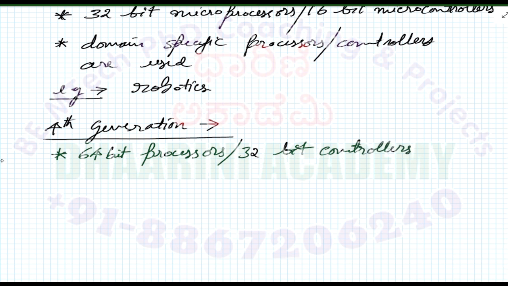Okay, this is one feature. Then, now we have some concepts which are called system on chips, the multi-core processors, etc. All those designs are the features of fourth generation embedded systems.